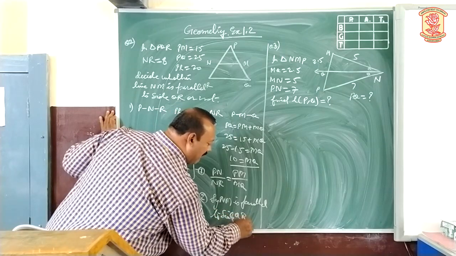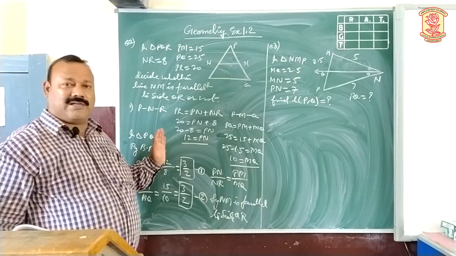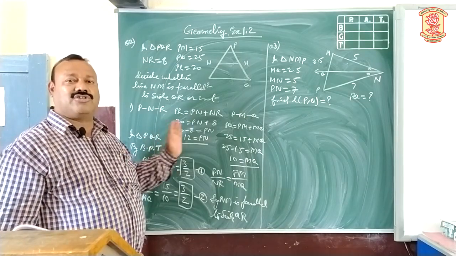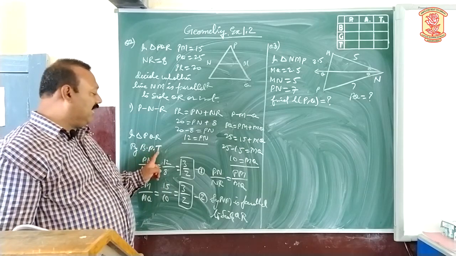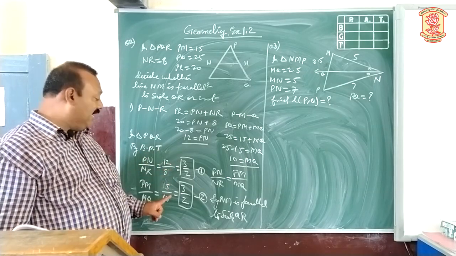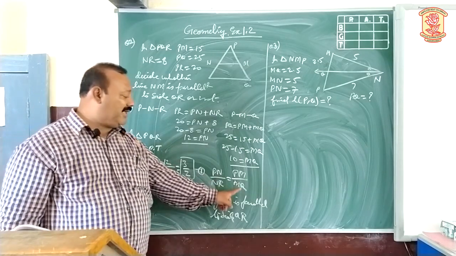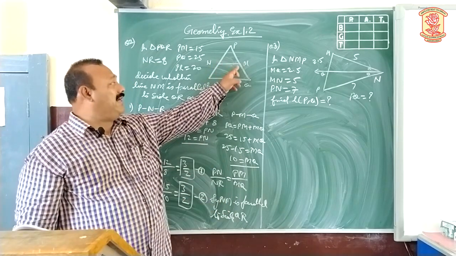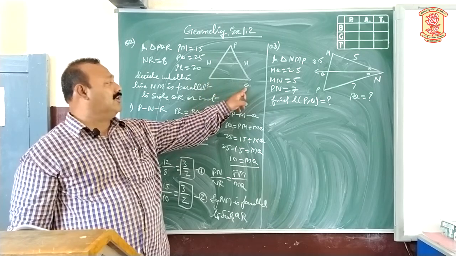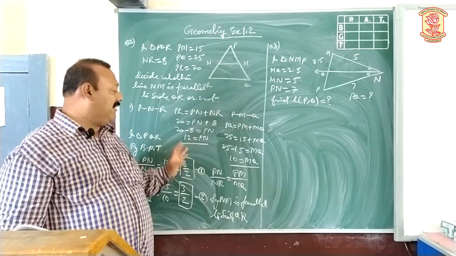When will it become parallel? When the ratio of the first side equals the ratio of the other side. By using the basic proportionality theorem, if both ratios come out equal, then you can say that segment NM is parallel to side QR.